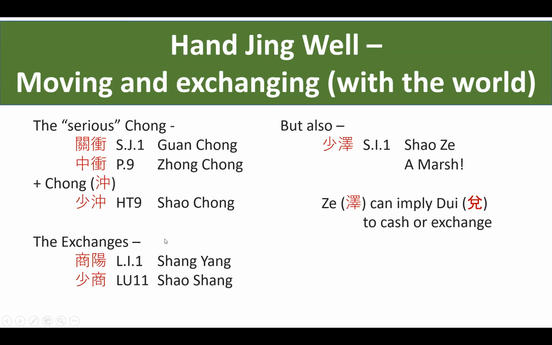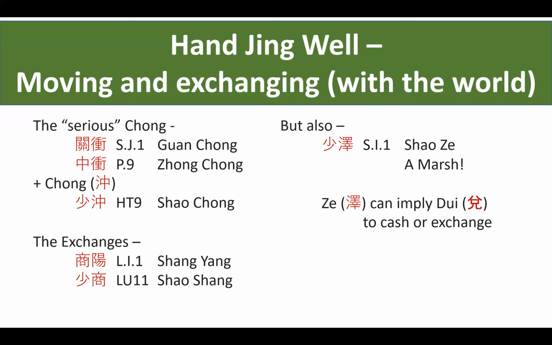Shang is a character that implies merchant. It's the merchant yang, and the smaller merchant, lung 11. Now, you can argue, what happened to small intestine 1, which is a marsh? Again, it's a ze, the same marsh that we talked about in the elbows.